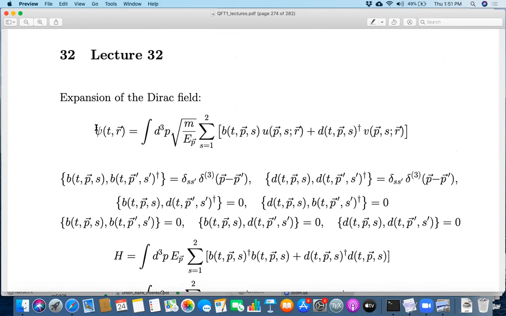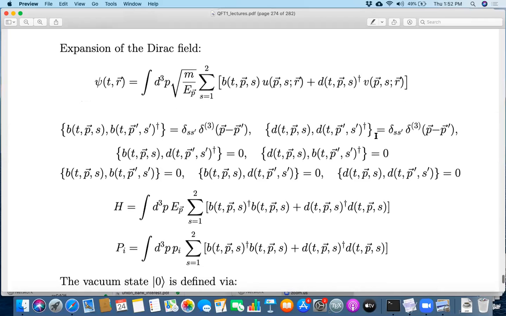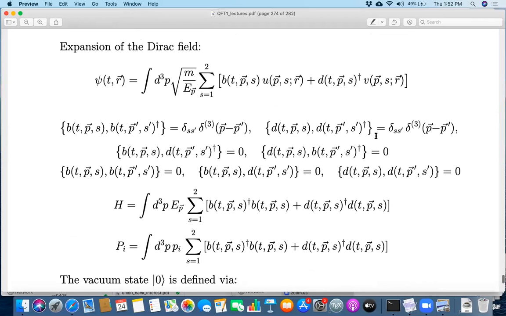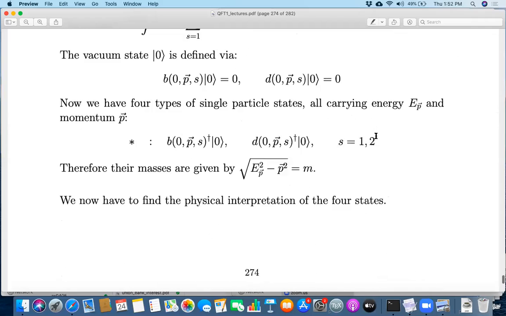So when you take psi dagger psi, this gives you b dagger b, which comes with a plus sign. This, on the other hand, will give you d d dagger, which you can write as d dagger d, but with a minus sign. The constant piece you are always ignoring. Anytime there is a constant added to any charge, you can just throw it away. So d d dagger you can write as minus d dagger d using the anti-commutation relation.